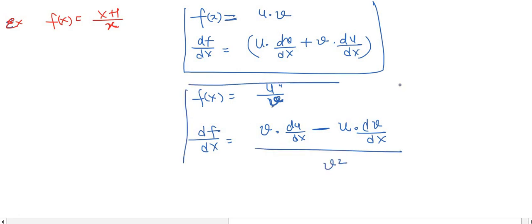This is called quotient rule. So these are important formulas. Write down at the back of your notebook. Okay. Pause it and write down. Now if you observe, here we have u by v. See, this question can be solved by using that first principle method, but it will be very lengthy. Okay.